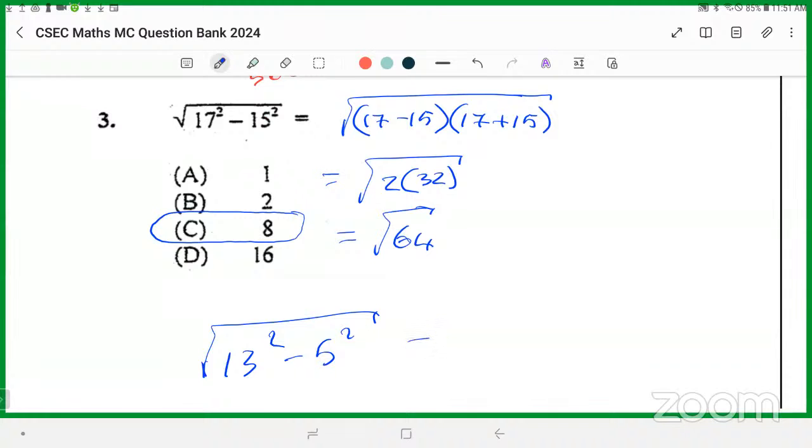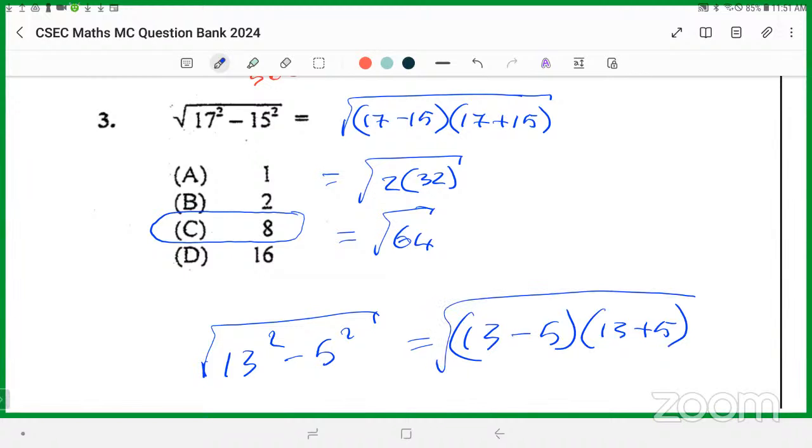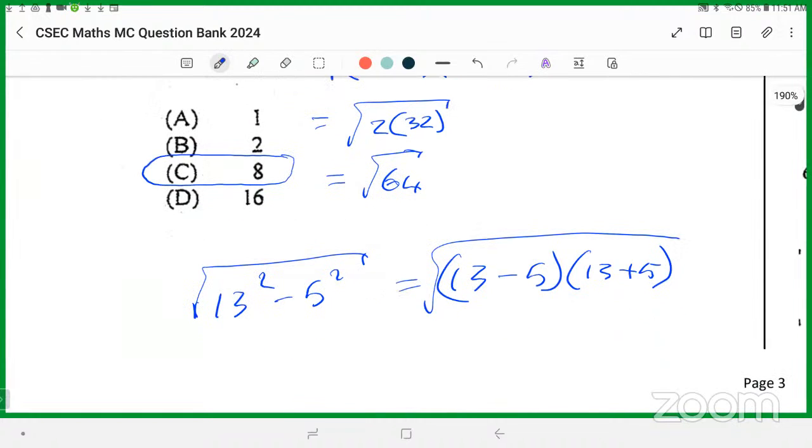How is it 12? Because it's 13 minus 5 times 13 plus 5. What is 13 minus 5? 8. 13 plus 5 is 18. Working it out gives 144, and the square root is 12. It's a simple answer. With 5, 12, 13, you'll more than likely get 12.